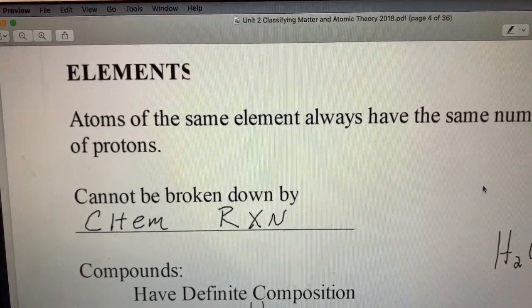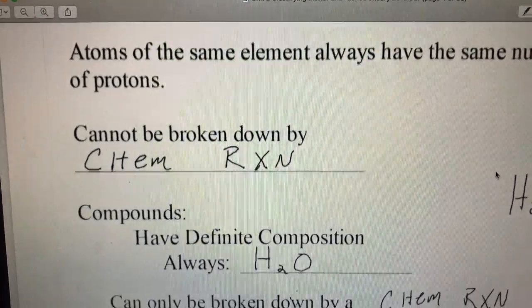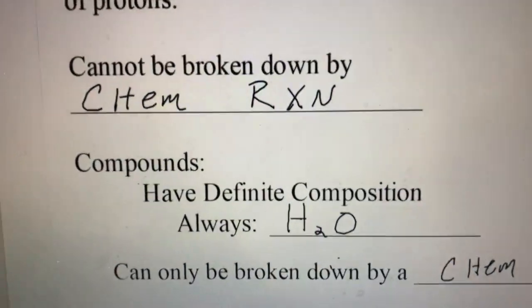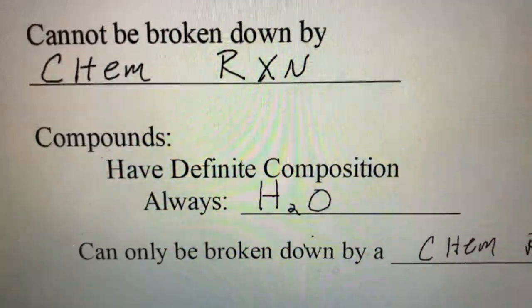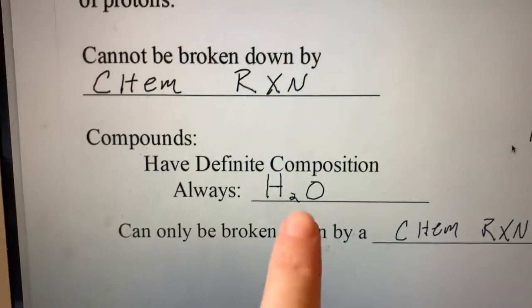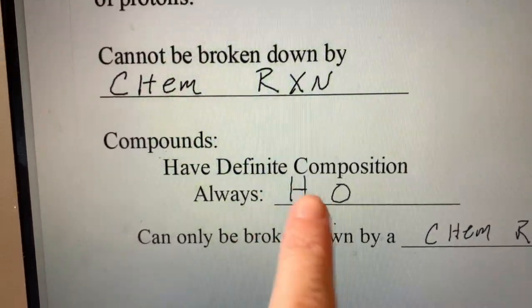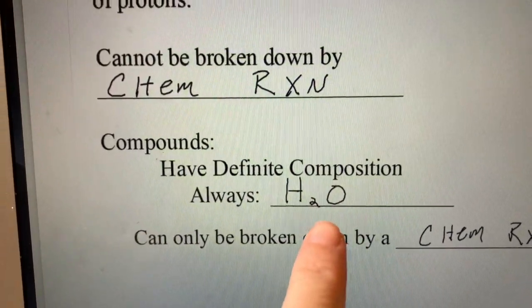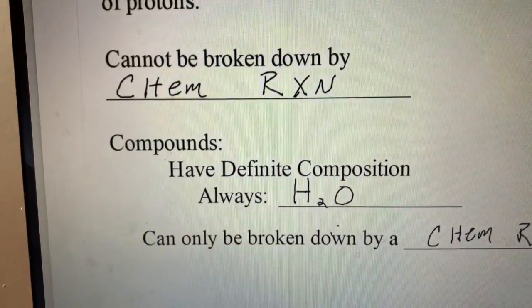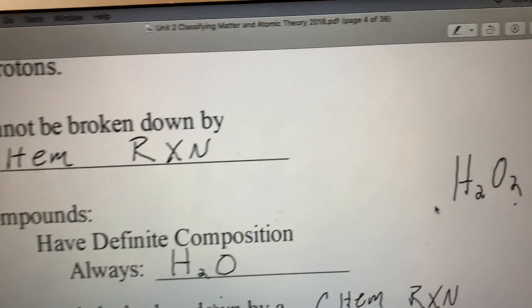All right. Elements come together to form compounds, and we say that compounds have a definite composition. And what we mean by that is if we're talking about the compound water, that water is going to have the formula H2O. There's 2 hydrogen atoms for every 1 oxygen atom. And that's what water has to be.